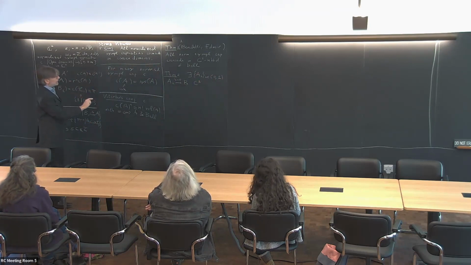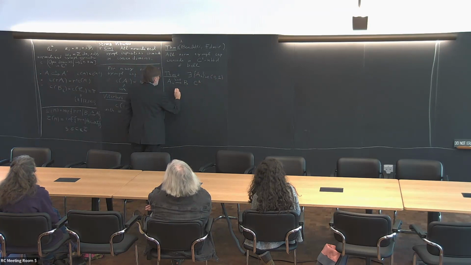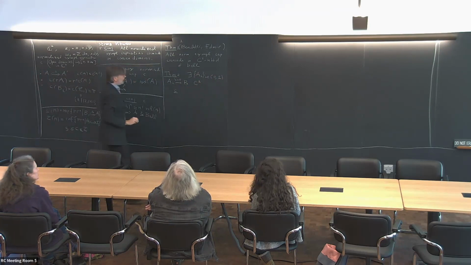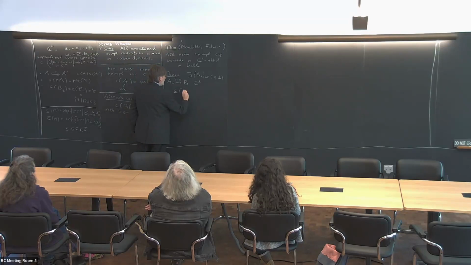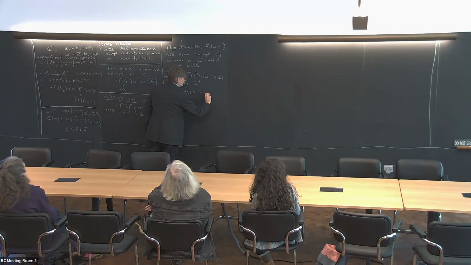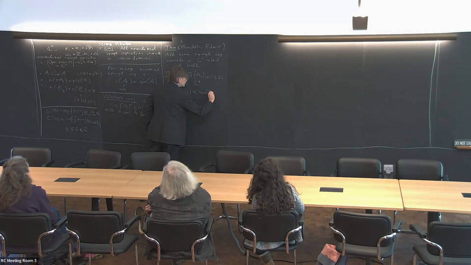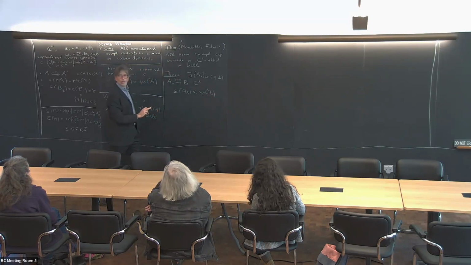And for these domains, what happens is that the ball capacity of A lambda is strictly less than the systole, which is less or equal than the cylindrical capacity.